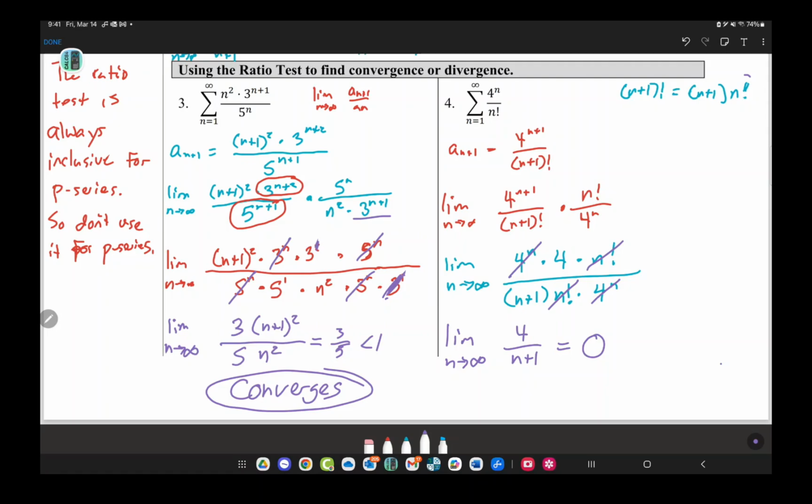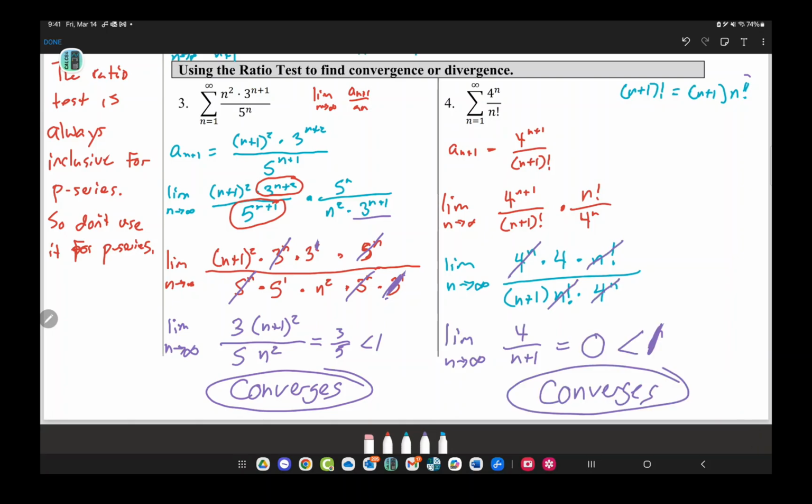Again, your horizontal asymptote, remember, if your denominator has the highest degree, it automatically is 0. And this is why: as your denominator goes to infinity, what happens to your fraction? So less than 1, so this means this converges.